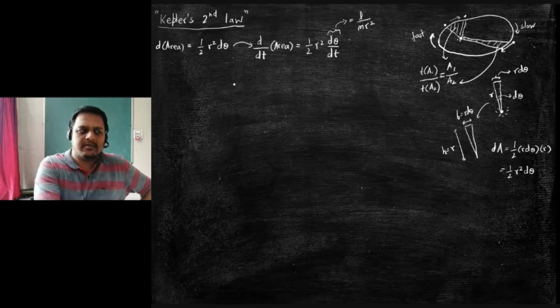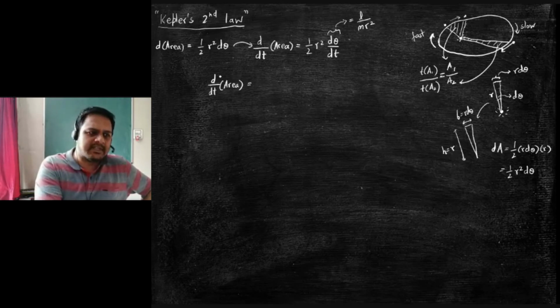Correct? So finally what do you get? d by dt of area is equal to, by the way, just for clarity, this area is the area swept by the radius vector.